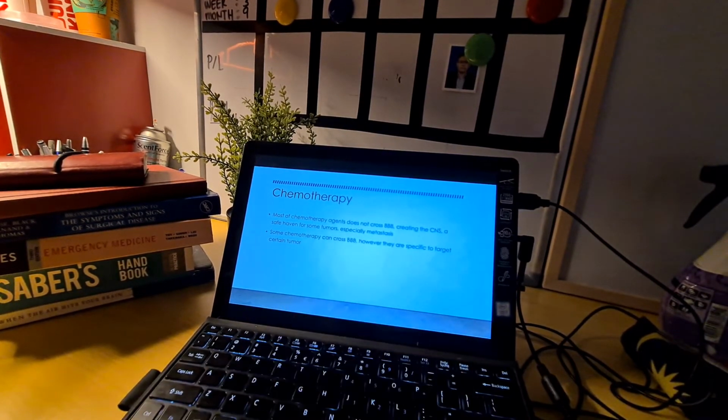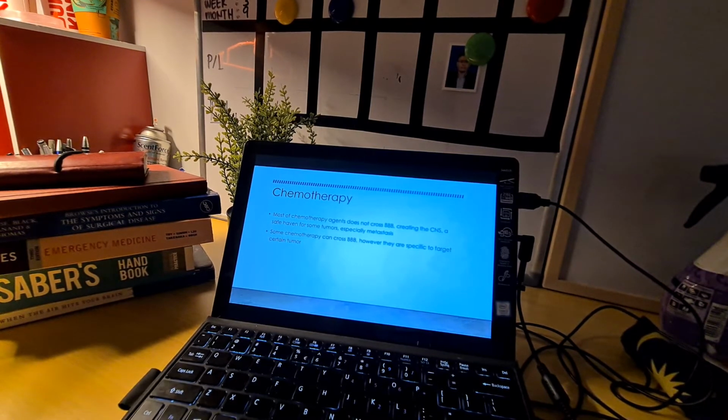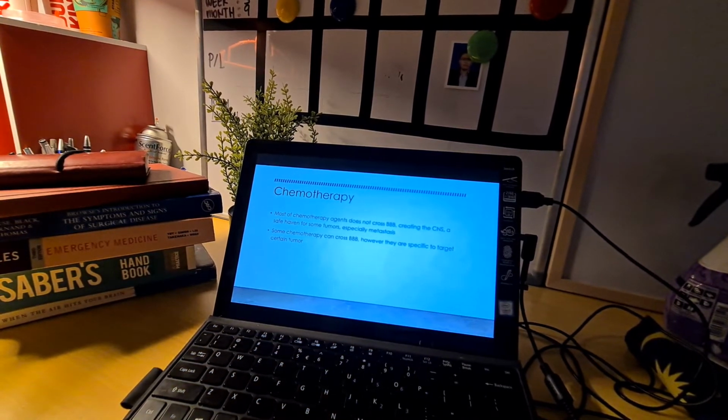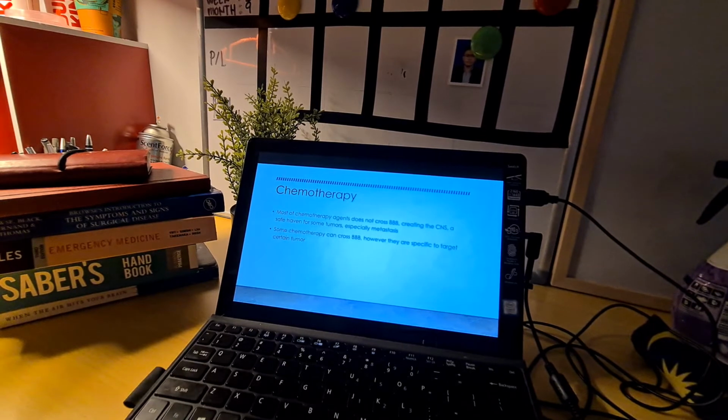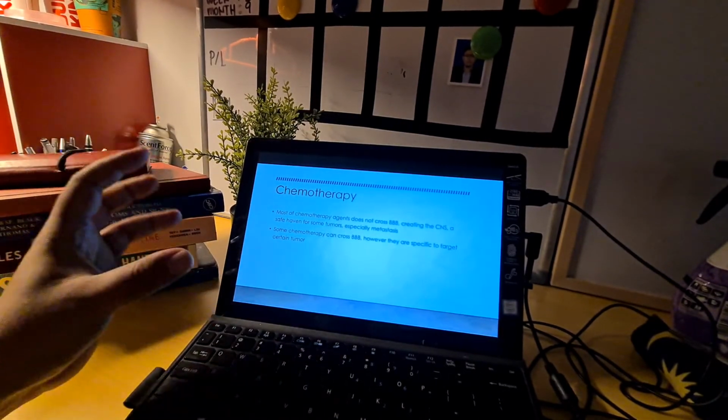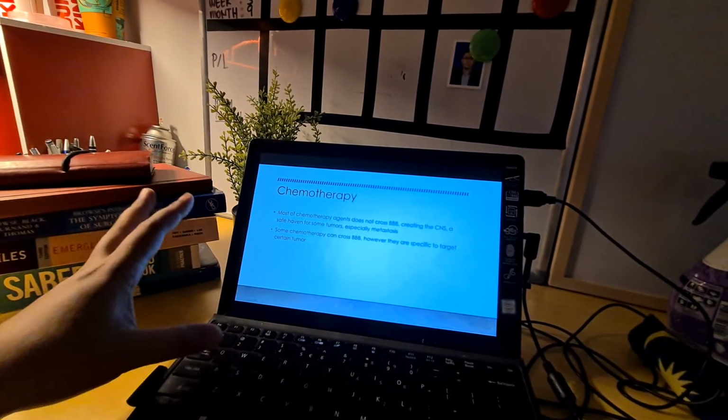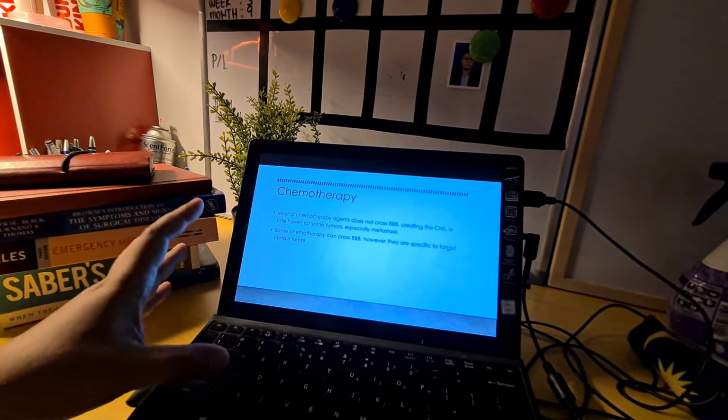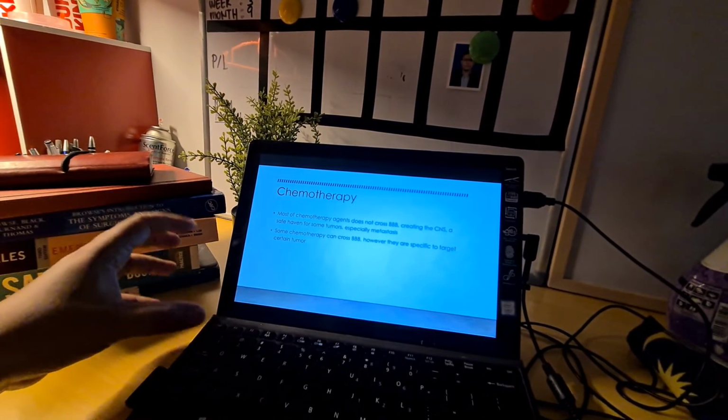Chemotherapy. Most chemotherapy agents do not cross the blood-brain barrier, creating a CNS safe haven for some tumors, especially metastasis. So chemotherapy is sometimes not effective against brain metastasis.